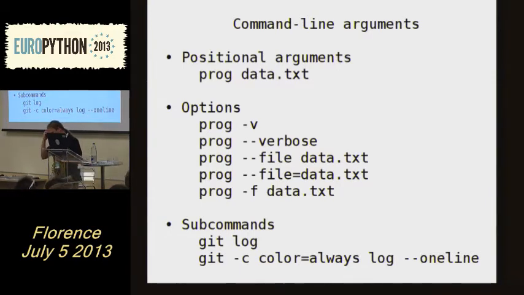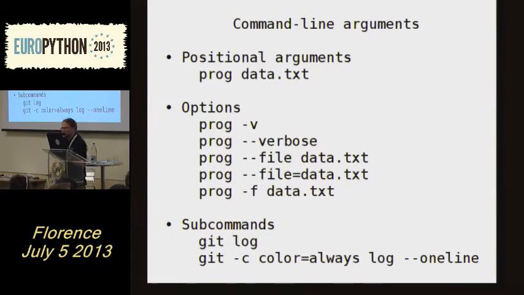And then there's this relatively new thing called subcommands, which means you have one command that has different subcommands like git log. And then you can have options that apply to the git command, like configuration, and you can have options that apply to the subcommand, like that.